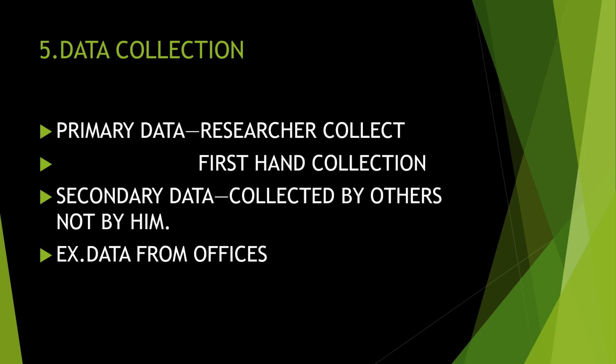That is called secondary data. Understood? Secondary data is collected by others and you are just going and finding it out. And primary data, you yourself go there and collect it. So data is of 2 types: primary and secondary.